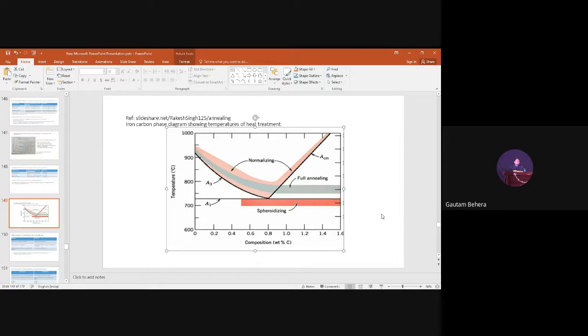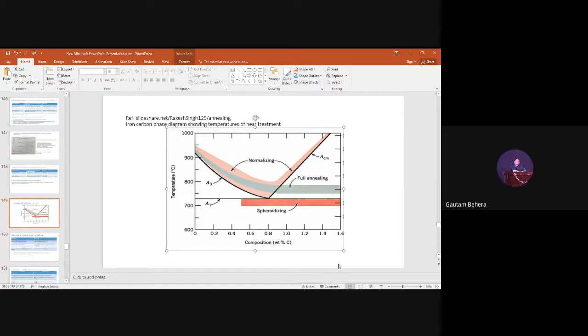Yes, very good. And that spheroidizing part is subcritical annealing. Very good. And partial annealing is in between A1 and A3, that gray portion, but below A3.